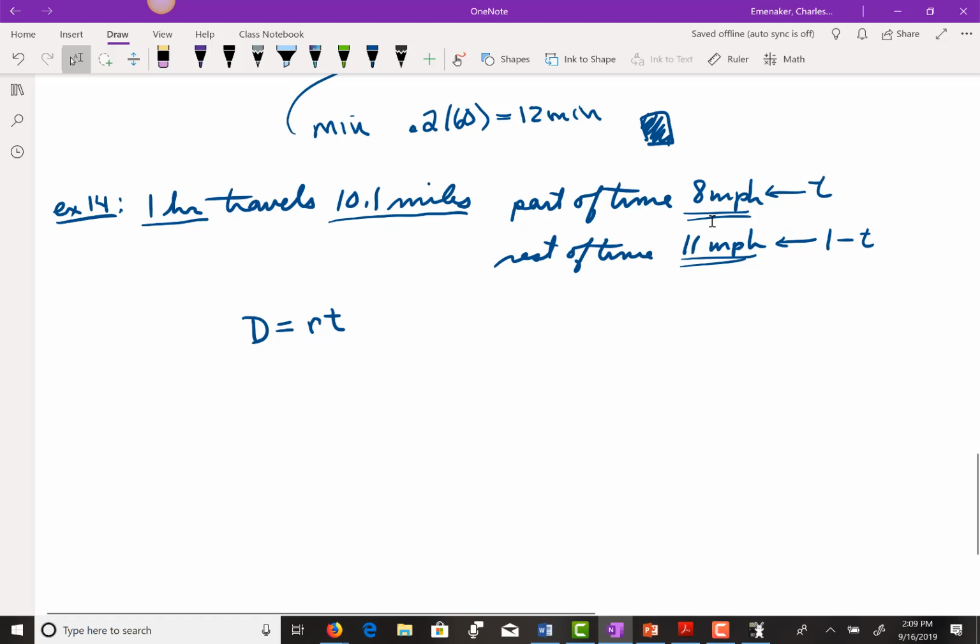The way I remember it is I think dirt. Distance is rate times time, where the equal sign is D-I-R-T, dirt.